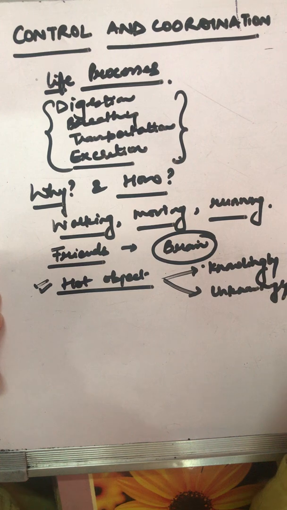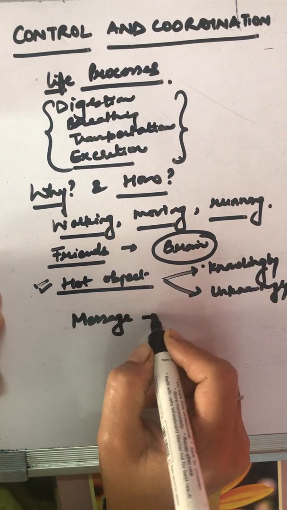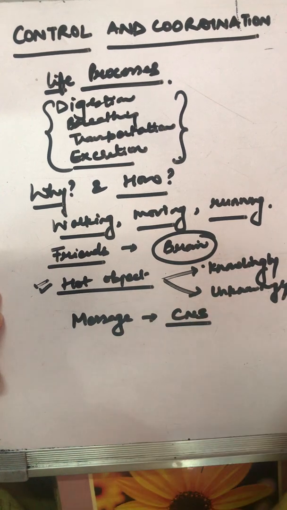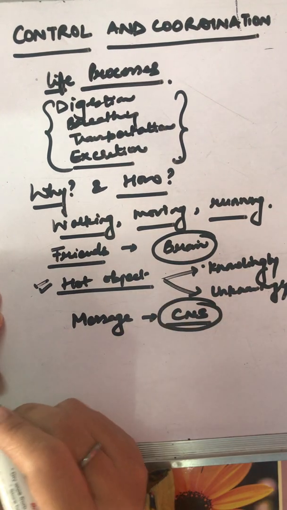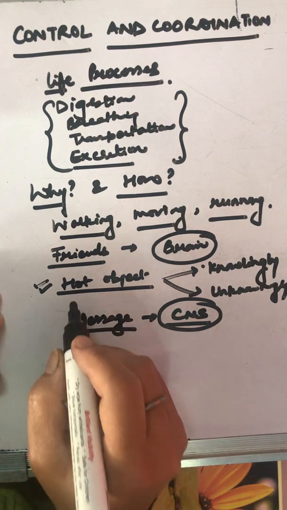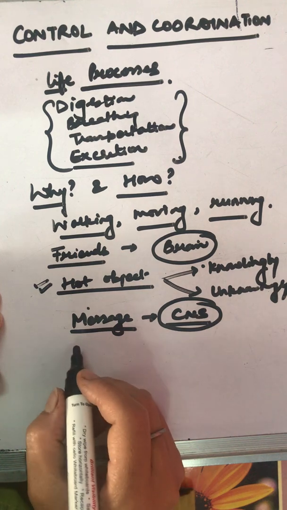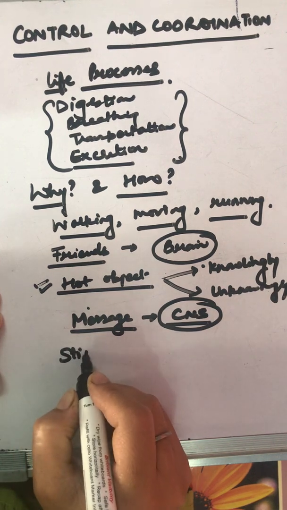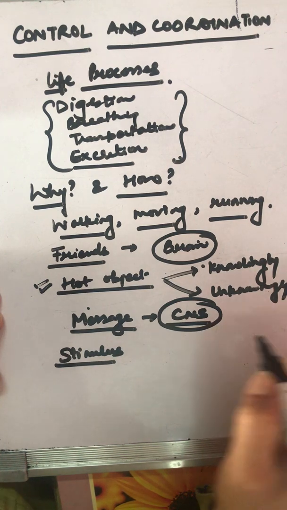So whether you are touching any hot object knowingly or unknowingly, there is one common thing which is going to happen: your message has to travel to your central nervous system. Clear? Central nervous system. What is that message? That you are touching a hot object. What is a hot object here? It's a stimuli or stimulus. What is stimulus?